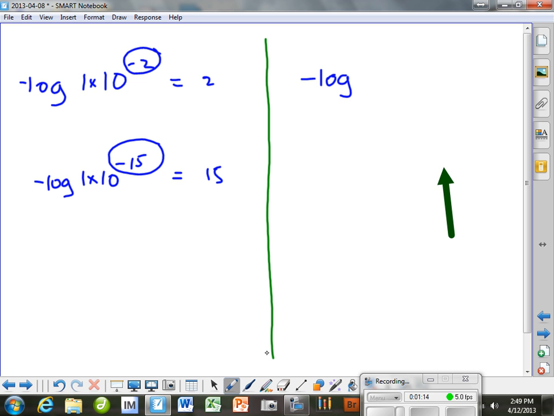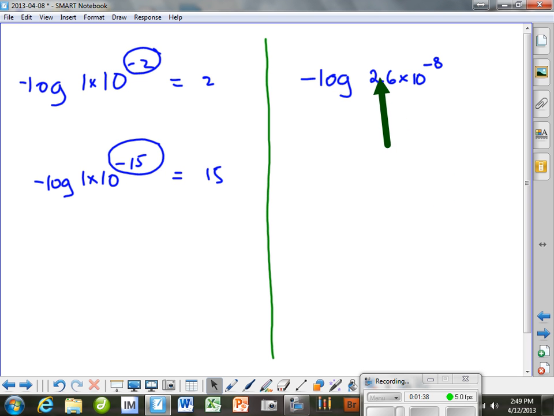Now, here with the minus log of this number, which is say 2.6 times 10 to the minus, let's try 8. Minus 8.